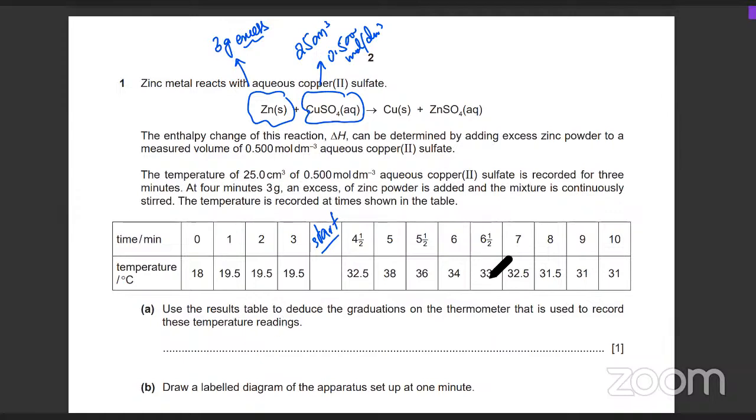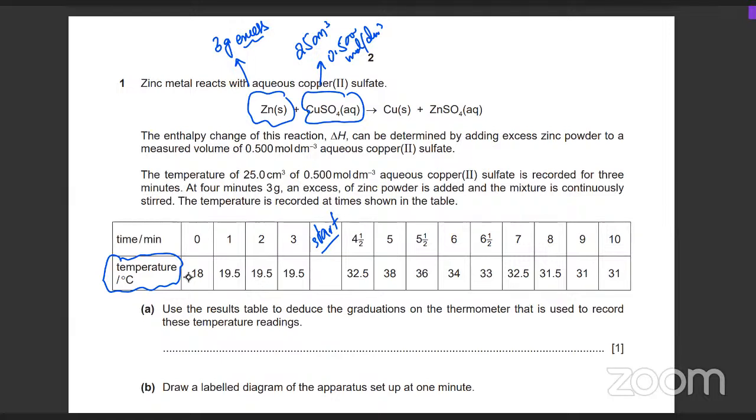So what do you think is the graduation on the thermometer? Like what's the minimum graduation of this thermometer based on the reading that you see? Is it 1? Is it 0.1? Is it 0.01?